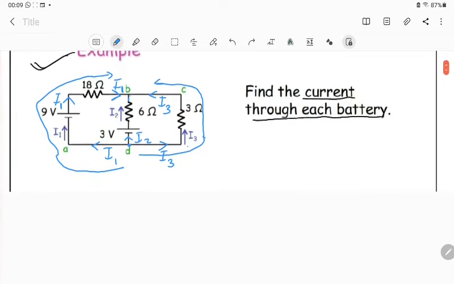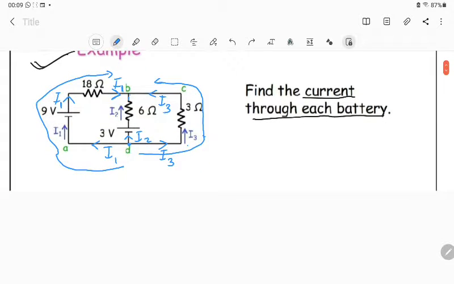Now, using the first Kirchhoff current rule, at junction D I will take. Applying Kirchhoff's rule at junction D. So what is Kirchhoff's current rule?